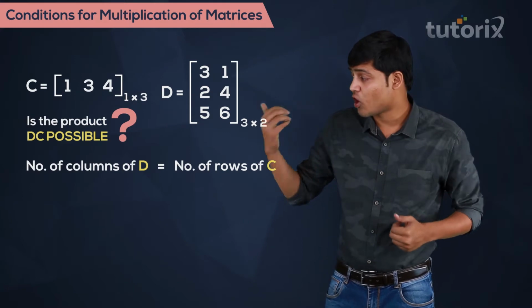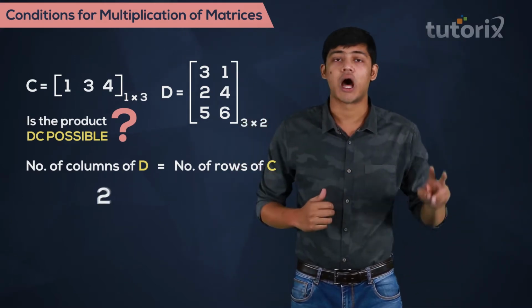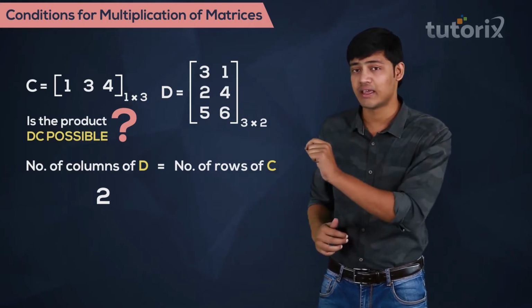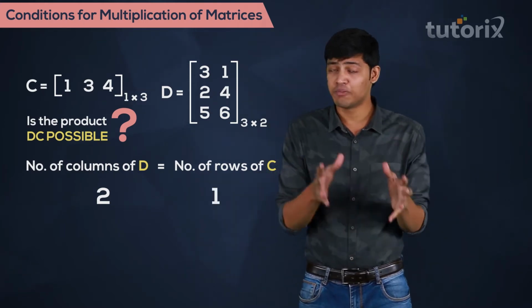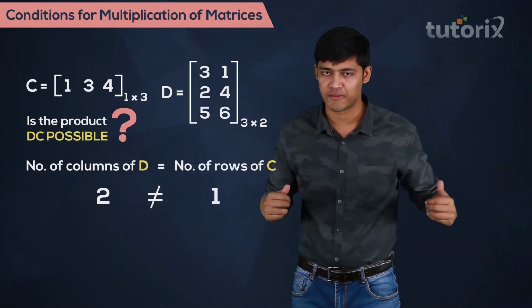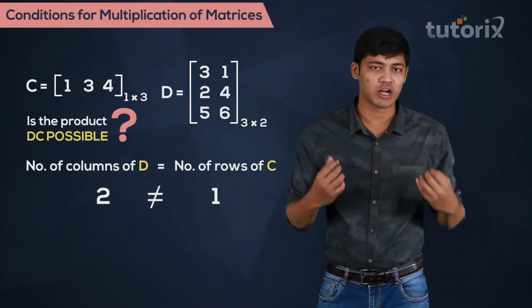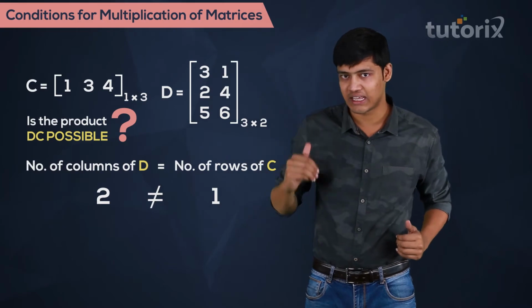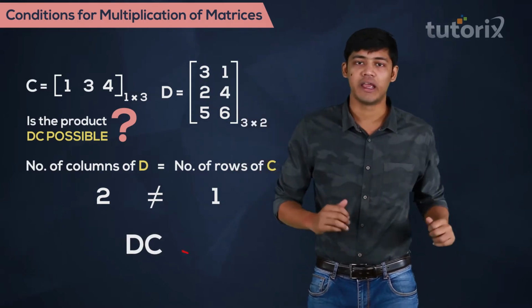So, the number of columns of the matrix D are 2 and the number of rows of the matrix C is 1, which implies that they are not equal.